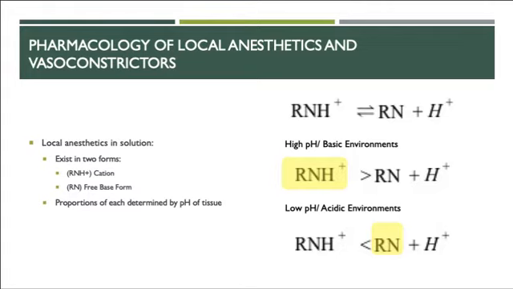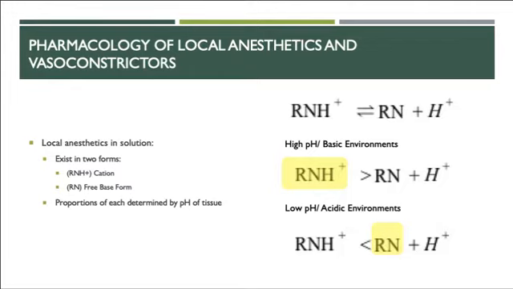Now, once in solution, local anesthetic molecules exist simultaneously in two different forms. The first as an uncharged molecule represented by the RN or free base form. The second is a positively charged molecule, which is represented by the RNH plus or cation form. Now, the relative proportions of each form really varies with the pH of the surrounding environment.